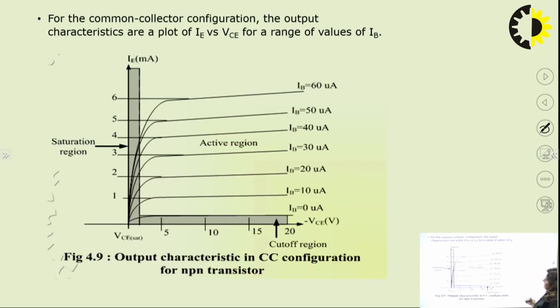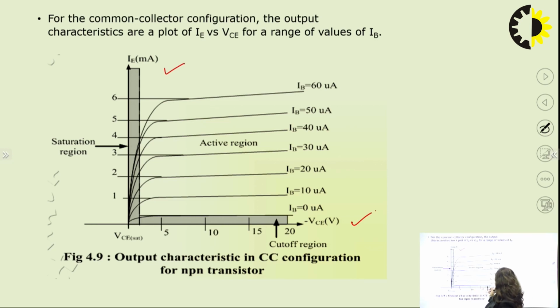Similarly, in the same way, we can plot the characteristic curve for the common collector configuration. Here we again have three regions: the active region, the cutoff region and the saturation region. We have the characteristic curve between VCE and IE, where VCE is in volts and IE is in milliampere. The base current IB is 0 microampere, 10, 20, 30, 40, 50 and 60 microampere.